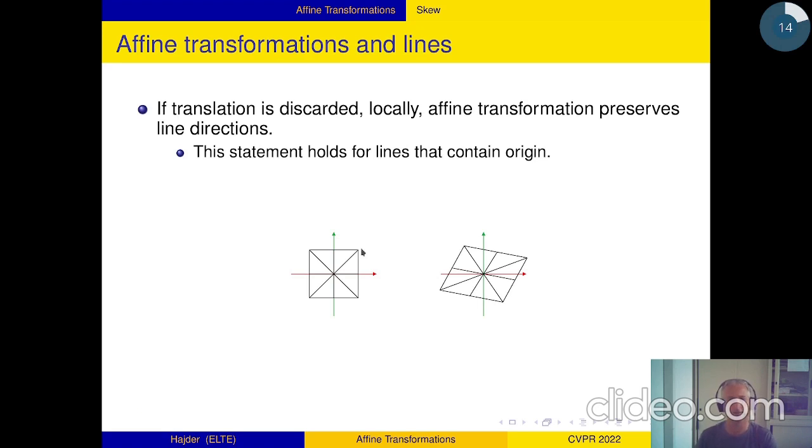And a very important property of the affine transformations: if the translation is omitted, so only the linear part is considered, in that case the affine transformation can transform the lines which go through the origin correctly.